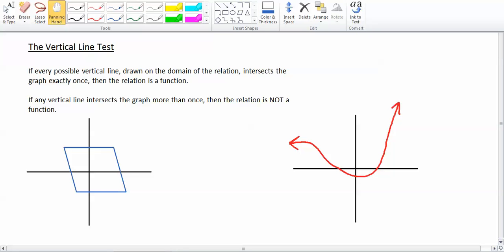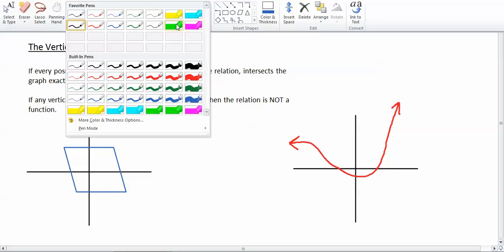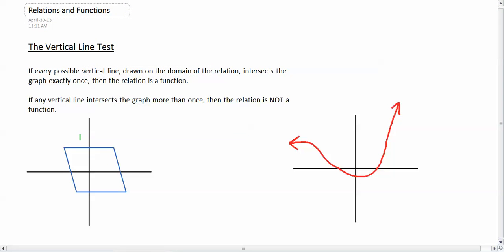So I've got two relations here, and let's use the vertical line test to see if this is a function or not. My vertical line here is not going to be so good just because I'm using a pen and tablet, so please bear with me. But notice here, let's grab a different color, use a highlighter. I can draw a vertical line here, and it's going to intersect this closed shape in two different points.